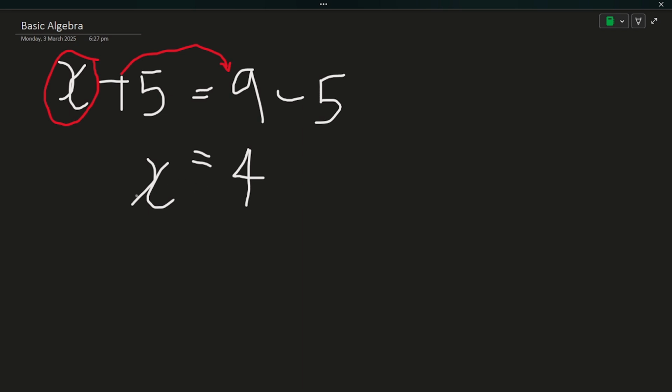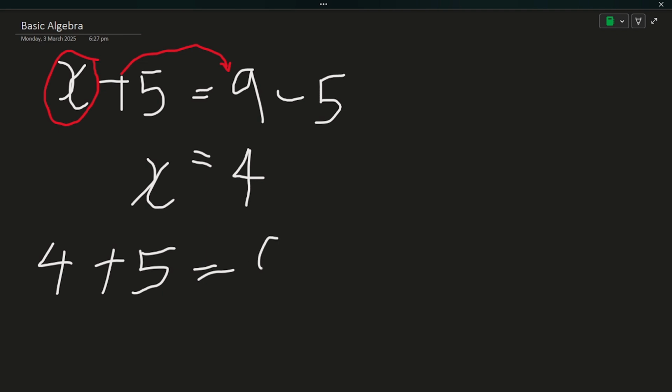Now we can also double check this, so instead of x, we could do 4 plus 5, and we'll check if the answer comes to the same. So using the normal plus and minus method, we find out that the answer is 9, right?